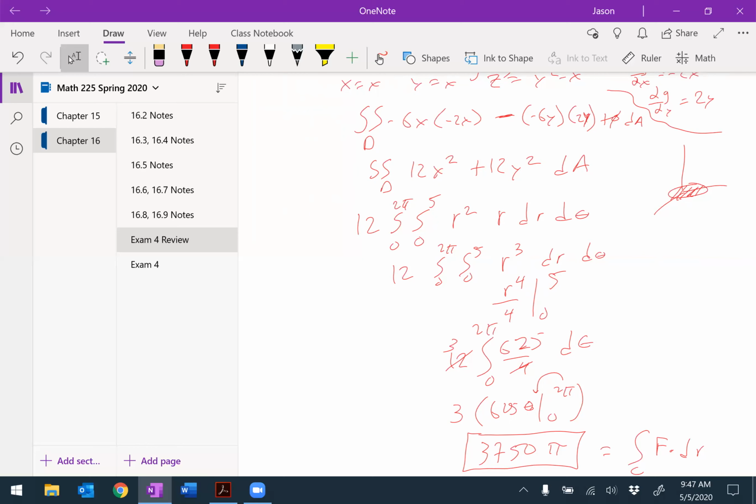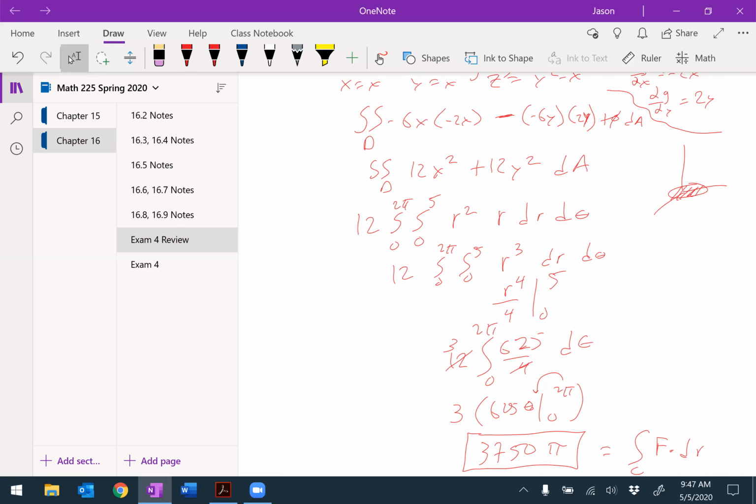For the final, I will post the final 24 hours early before it's due, and you'll have 24 hours to work all of those out. Every single problem on the final must be worked out. It must be uploaded as a PDF, shared with me. I prefer you share it with me through email at this point, and it must be in sequential order.